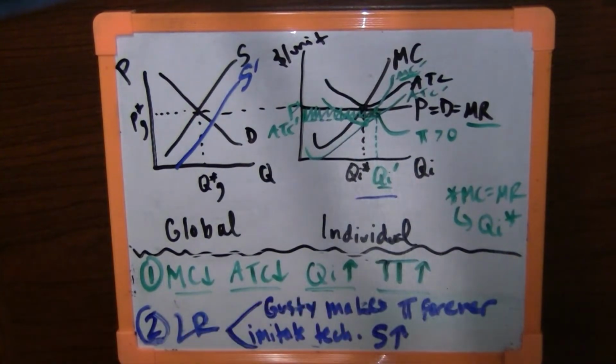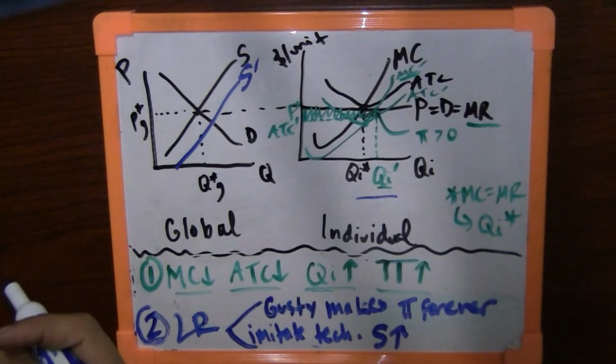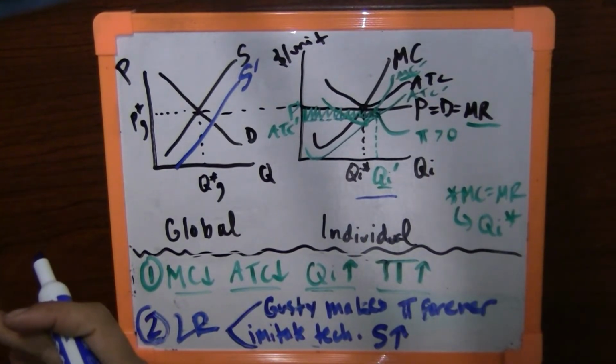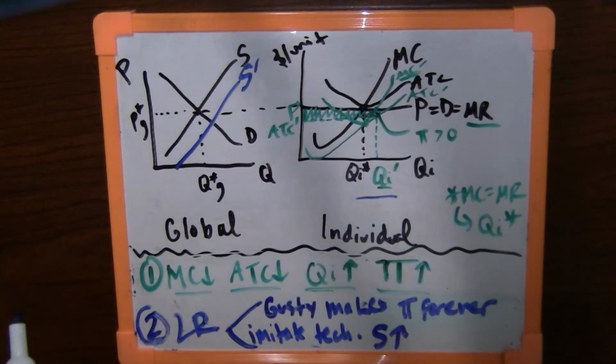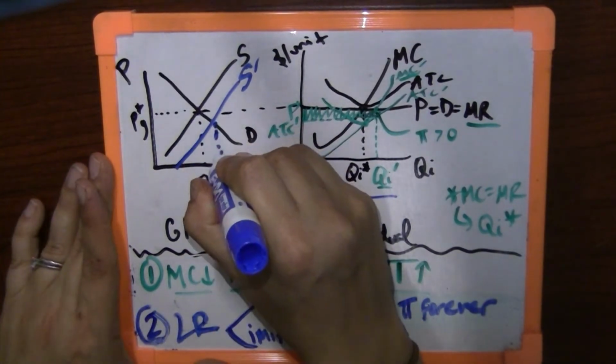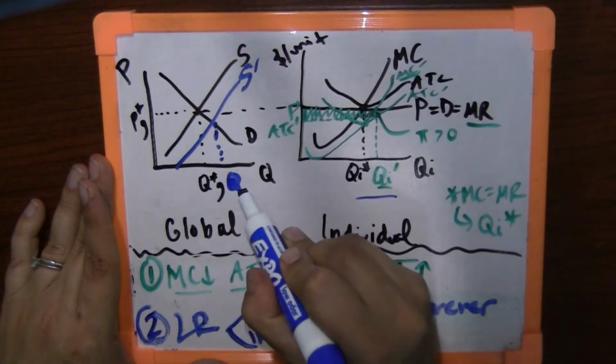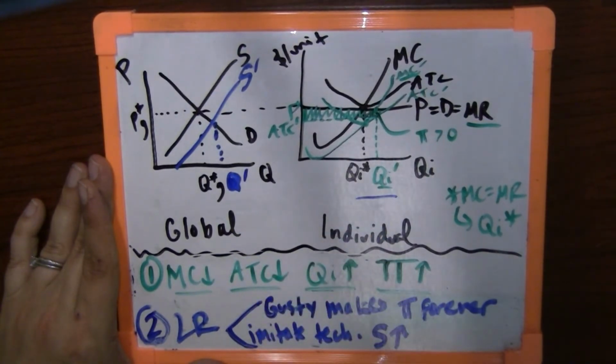It's not entry, you could kind of think of it as entry, but it's more like technology imitation, innovation spreading out to other firms, which we tend to think of as being a good thing, right? It should increase everyone's profit and it should lower prices for consumers. But in perfect competition, it's not necessarily good for the average firm.